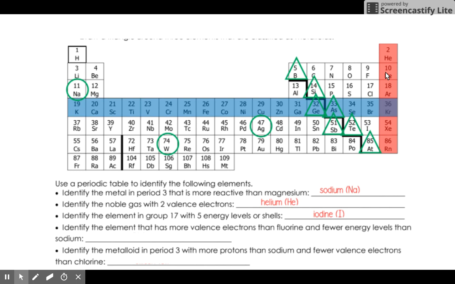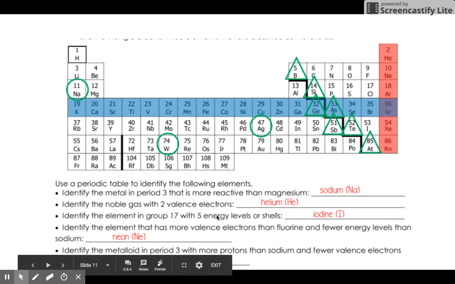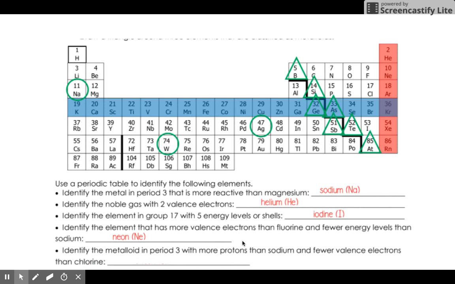So our answer is neon. All right, and the last one is identify the metalloid in period 3 with more protons than sodium. That answer is silicon.